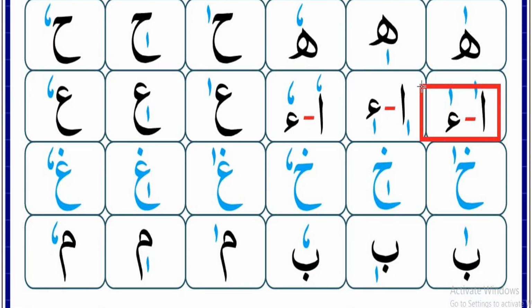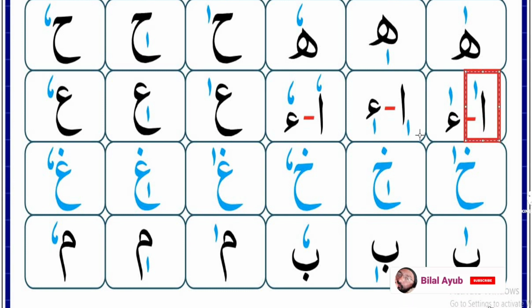Now here we have two different shapes of the same letter, hamza. The sound is exactly the same. These are two different shapes of one letter, hamza. So we'll read only one of the two shapes.